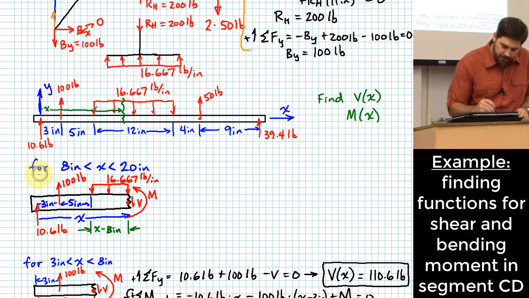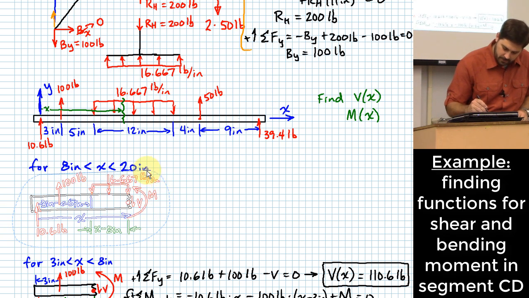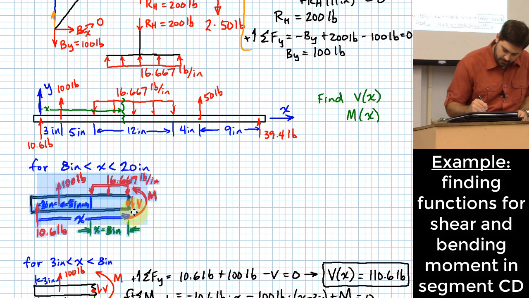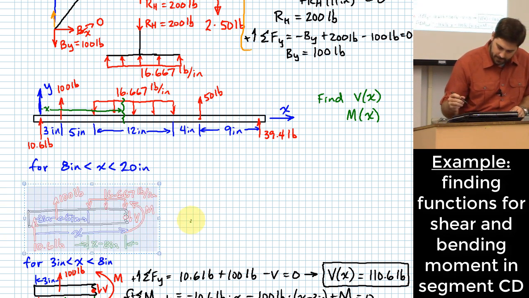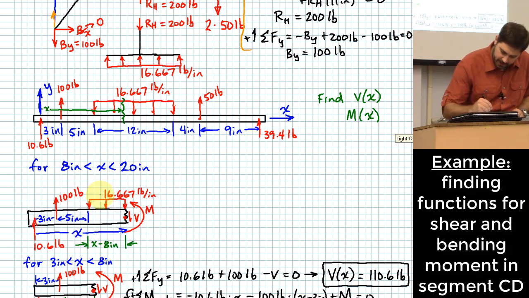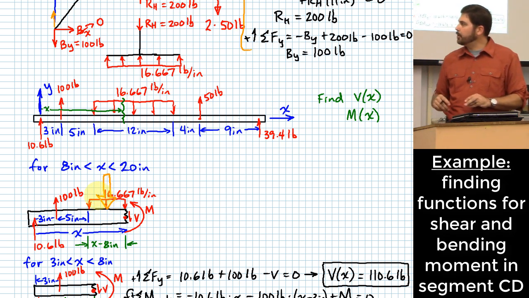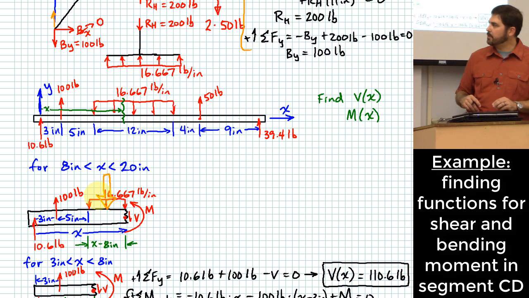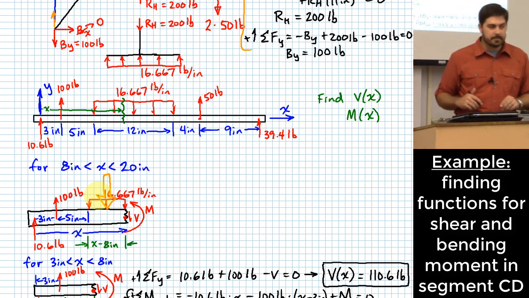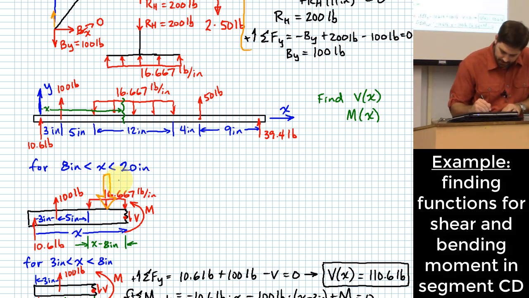So how much load do I have there? Okay, and I'll mark that on here like I do a lot of times. Something like this. What is my lumped load for that little segment of distributed load? Okay, 16.667 pounds per inch times x minus 8 inches.